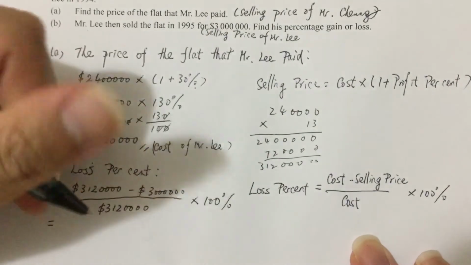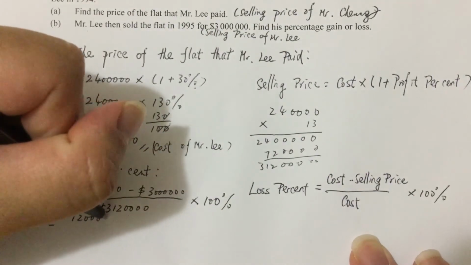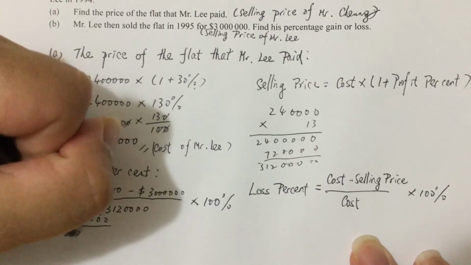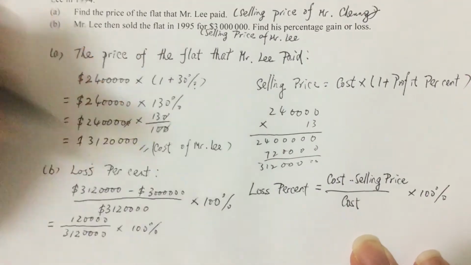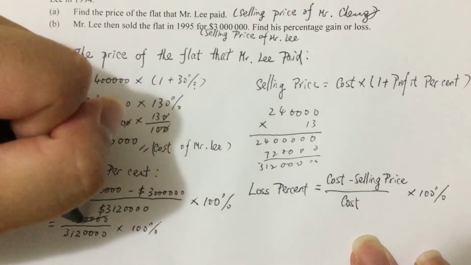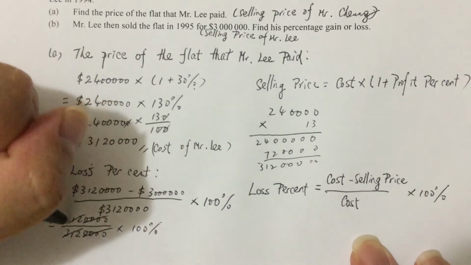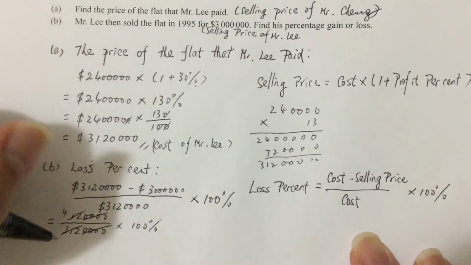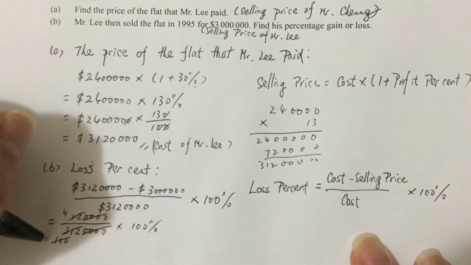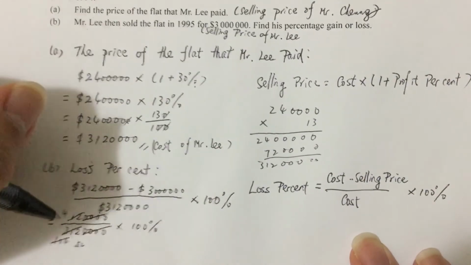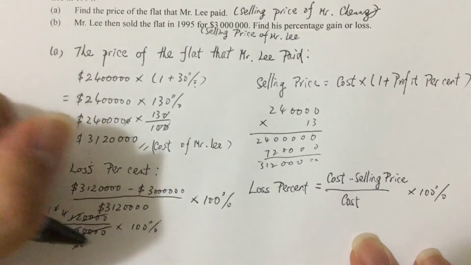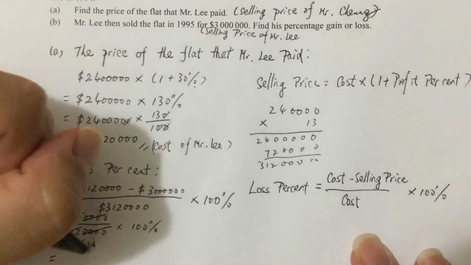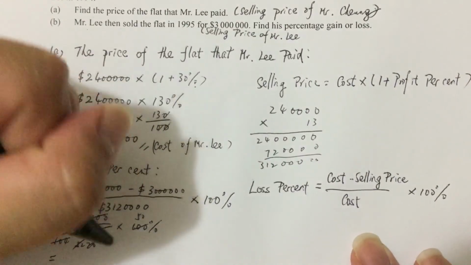So what we have is 120,000 over 3,120,000 times 100%. So we can do the cancellation now. 40 into 120,000 and 3,120,000 gives 3 over 78, then 3 over 78 simplifies with 100 to give 50 over 13%.